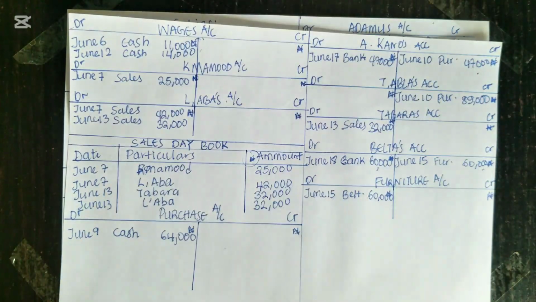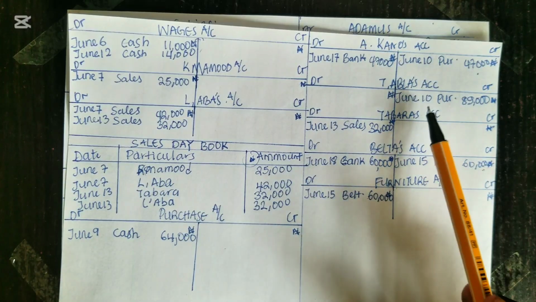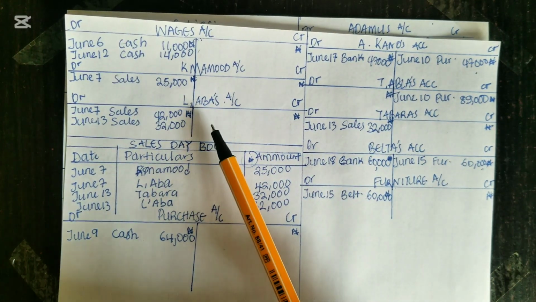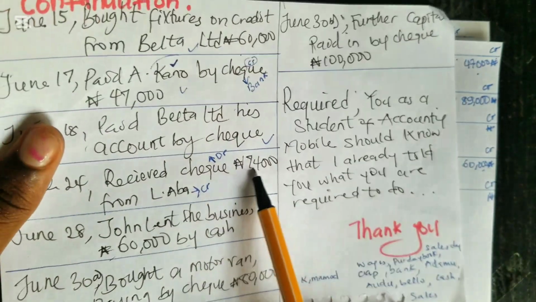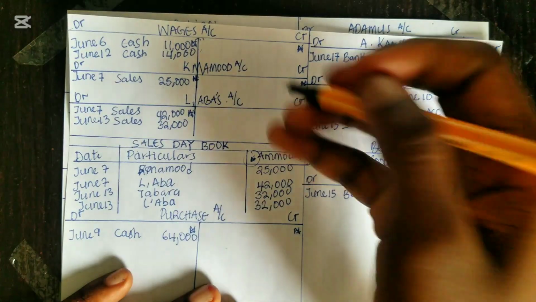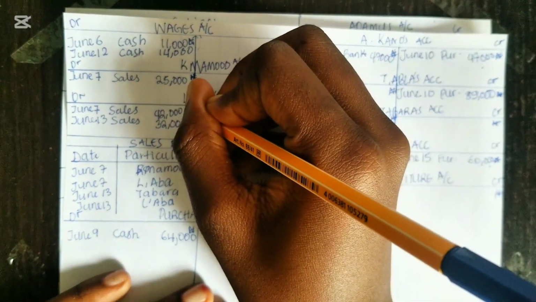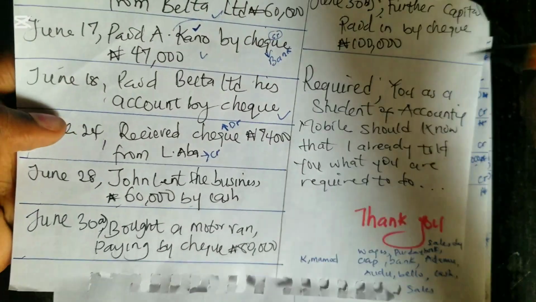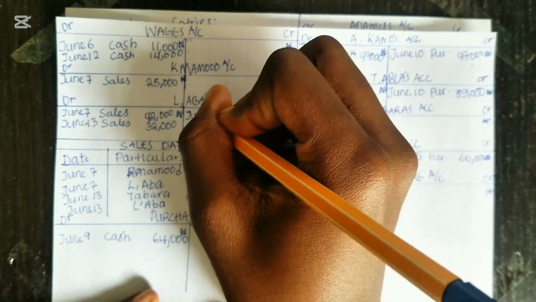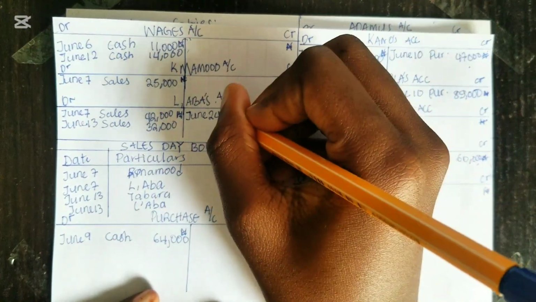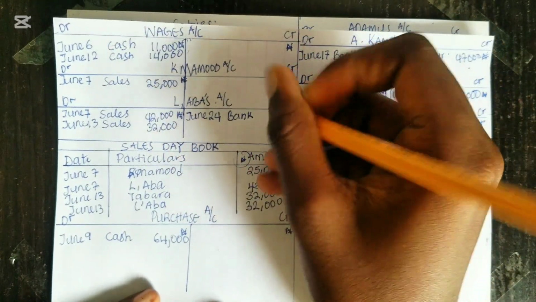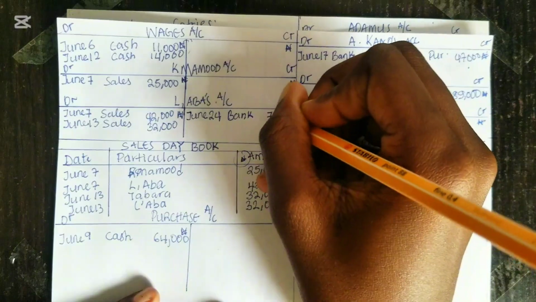So let's see if we have any El Abba's account. We have El Abba's account. So now El Abba is giving how much? 74,000 naira. Because she's giving 74,000 naira, we're going to write June 24. Because it's a check, we're going to write bank here, and 74,000.